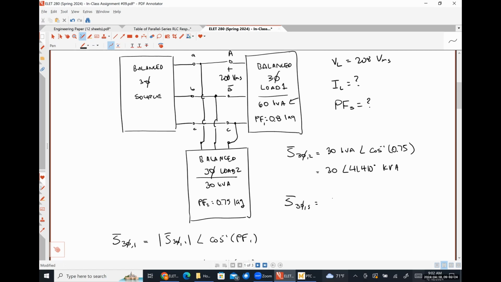How do I find the complex power supplied by my three-phase source? Add those two together. Absolutely right. So that'll be S three-phase for load 1 plus S three-phase for load 2, which I get to be 89.937 with an angle of 38.383 degrees.